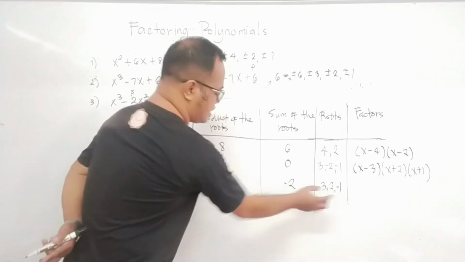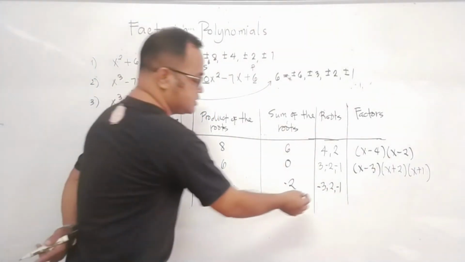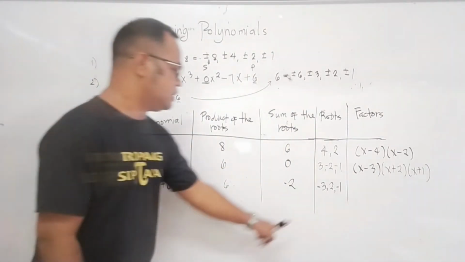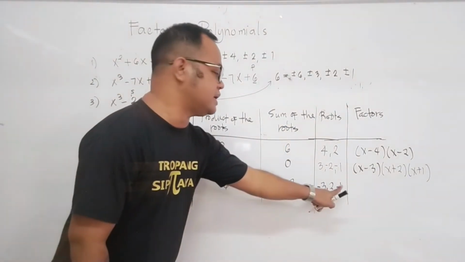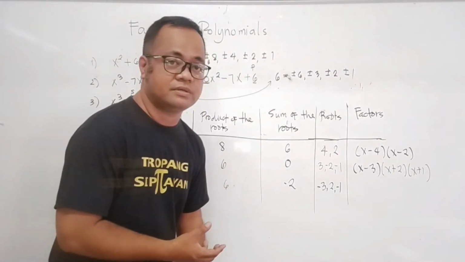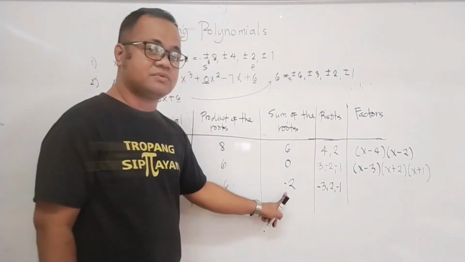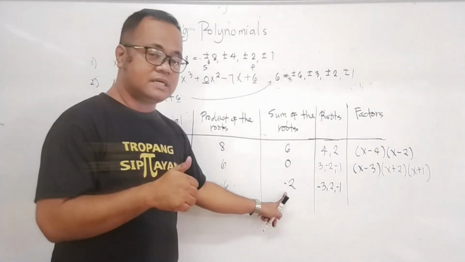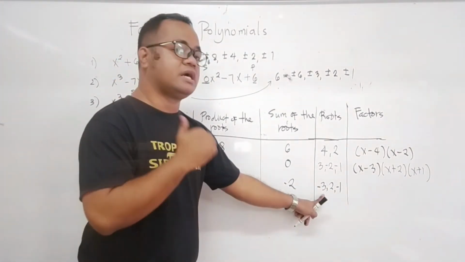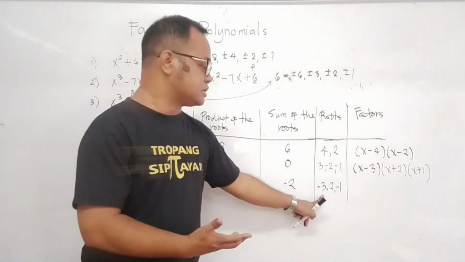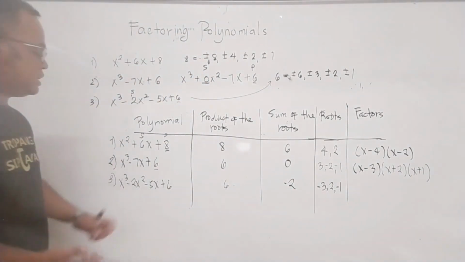Negative times negative is positive. So, 3 times 2 is 6. Check. Add. Negative 3 plus negative 1 is negative 4. And negative 4 plus 2 is negative 2. Okay? So, therefore, these are the 3 roots, or solutions, of this expression.